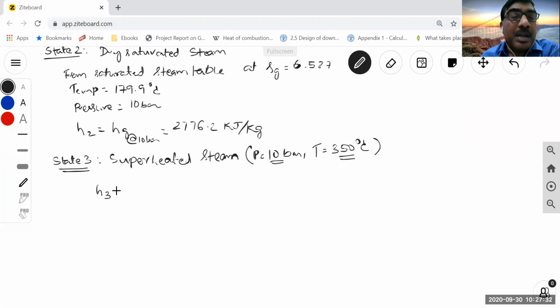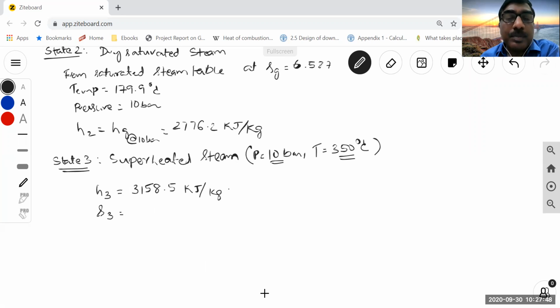So H3 is equal to 3158.5 kilojoules per kg.